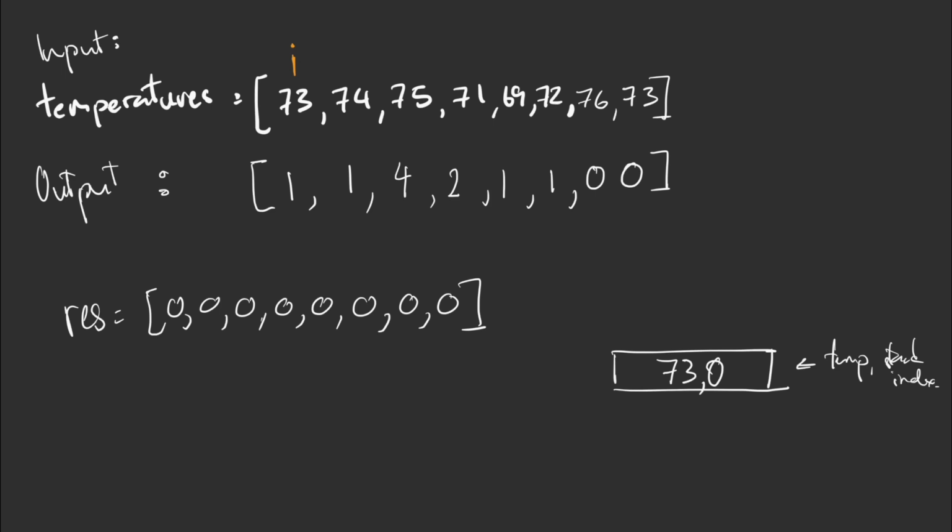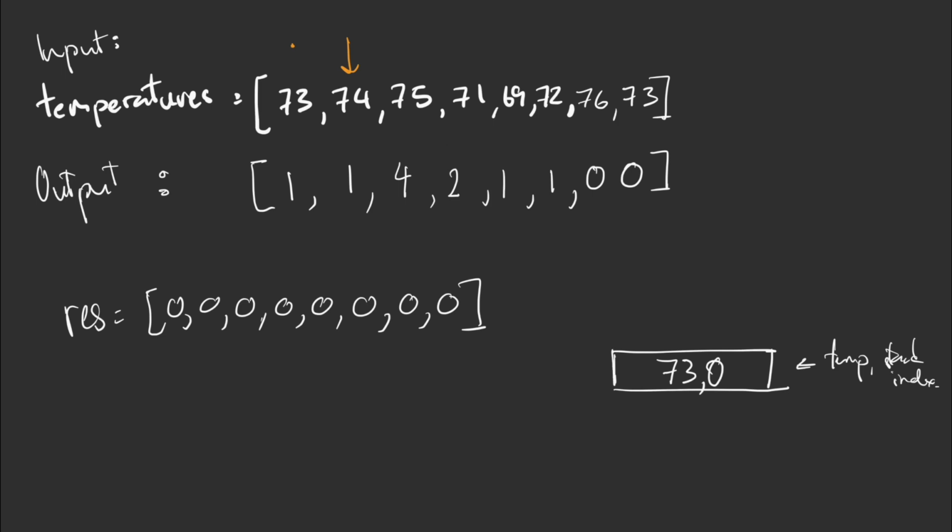So once we do this, we're going to move to this one. And as you know, the temperature at the first index here is larger than what is on the stack.